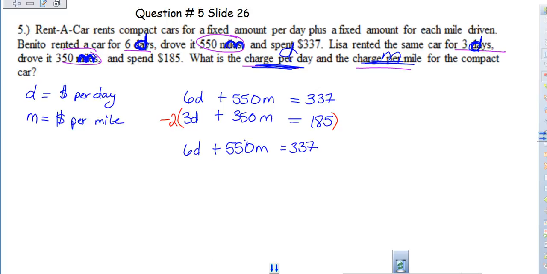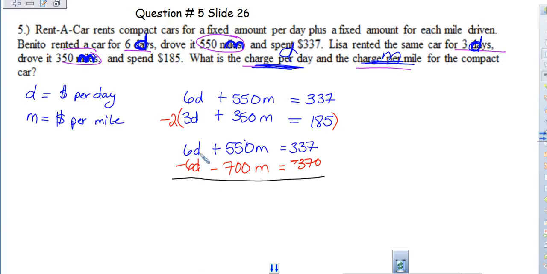And then let's go ahead and multiply this bottom one. So you get negative 6d, same number, opposite sign. And then we're going to get negative 700m equals, and then that's 360 plus 10, so that gives us negative 370. Okay? Draw my line.